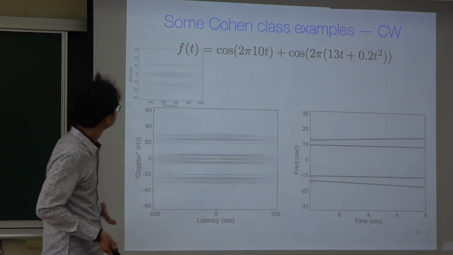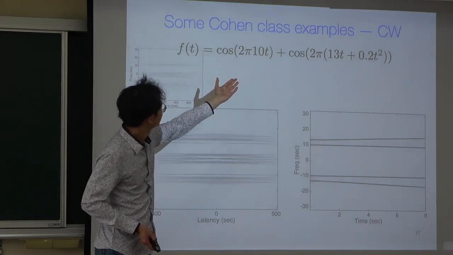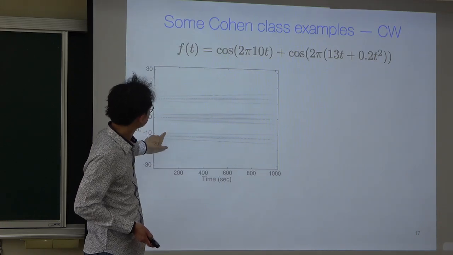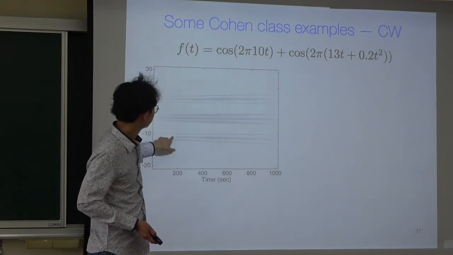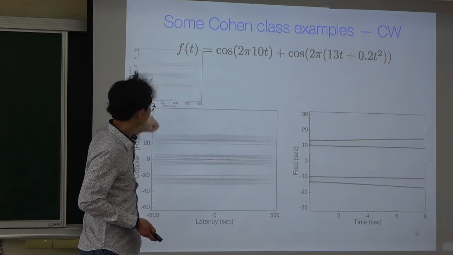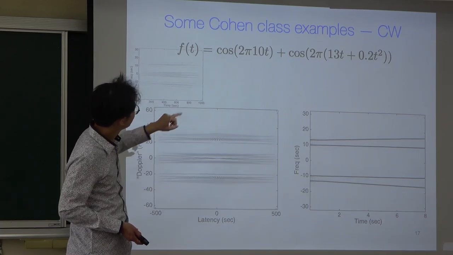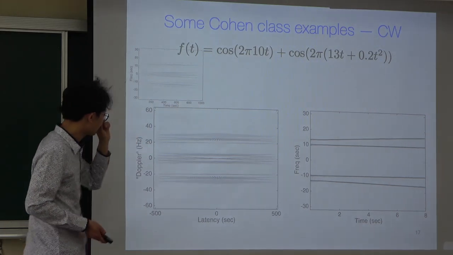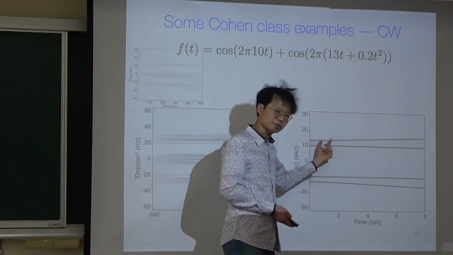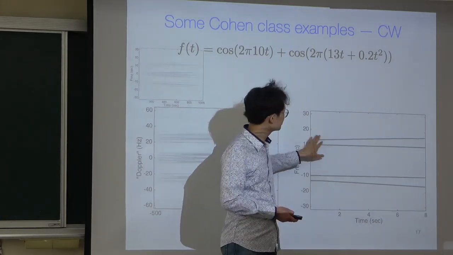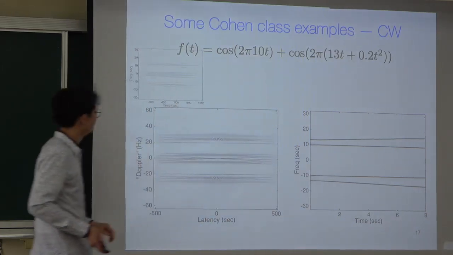And this is the example. Again, you have a lot of interference. If you run the Choi-Williams distribution, that is what you get on the right-hand side, which is actually quite nice, quite concentrated, and you get all the information recovered.